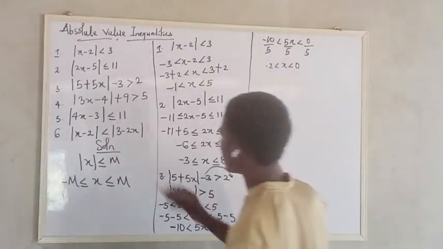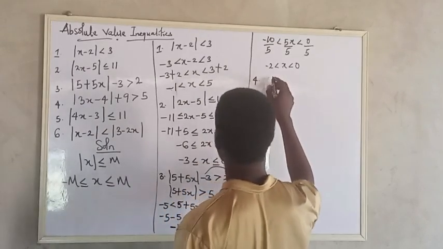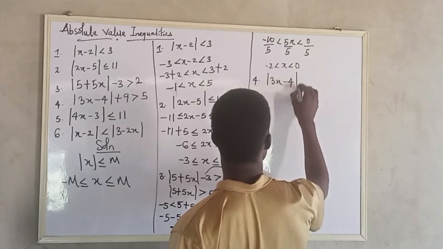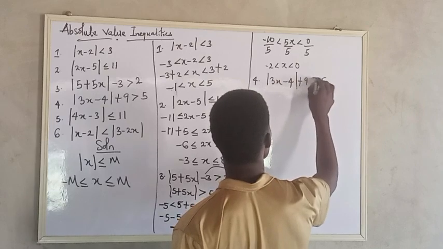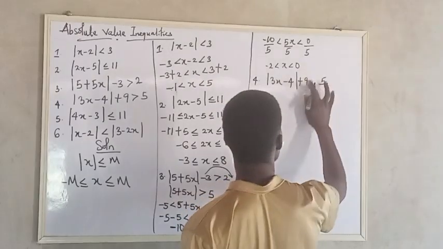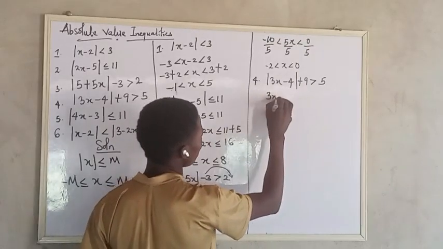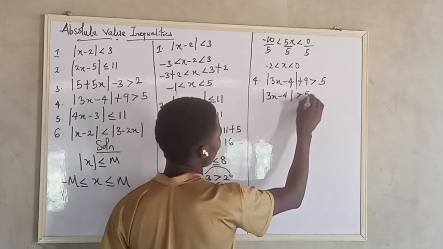So to the next question, number 4. I have 3x minus 4 plus 9 greater than 5. So let me write this. So greater than 5, this will become 3x minus 4 greater than 5 minus 9.